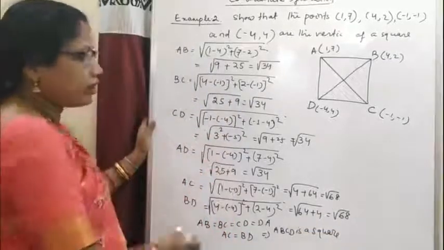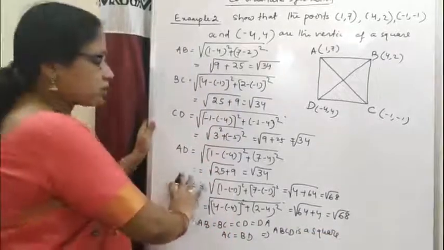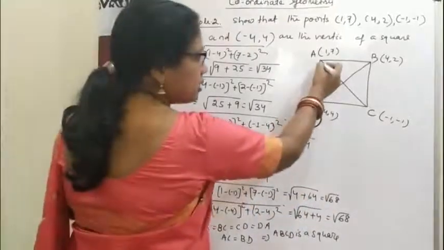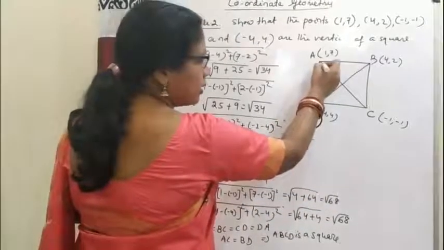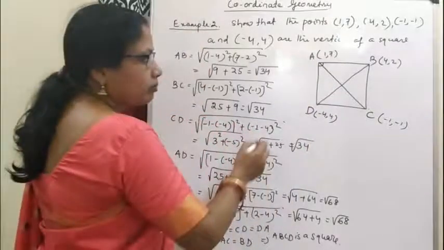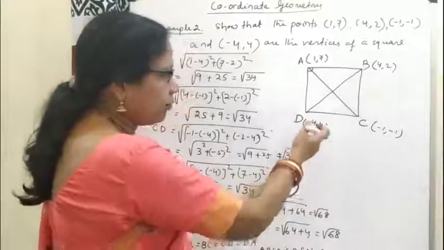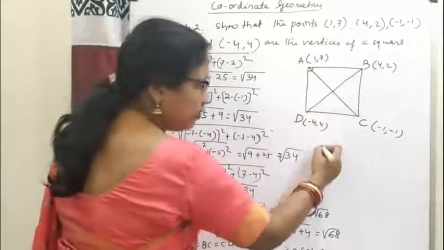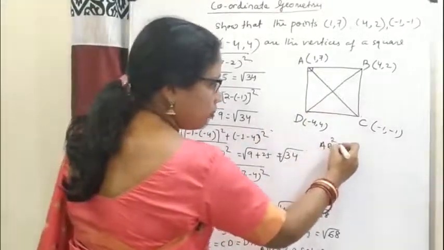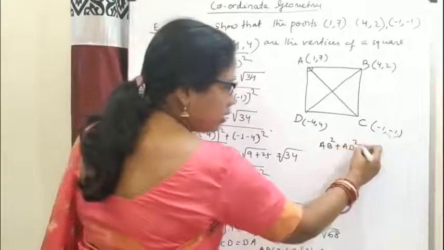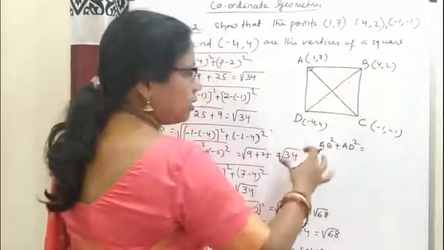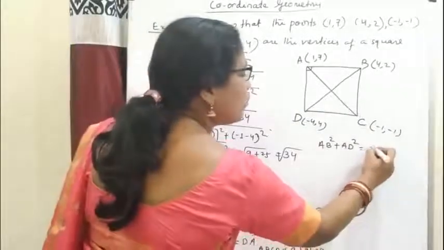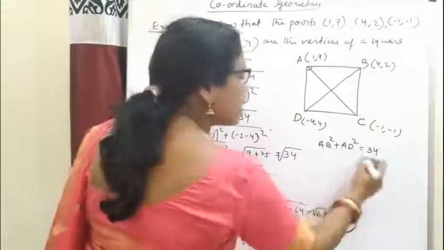So here, in place of the diagonals being equal, we can find that this angle is also 90 degree. Alternatively, we can prove that this angle is 90 degree. So if AB square plus AD square is equal to BD square: here AB square is equal to 34, AD square is also 34.